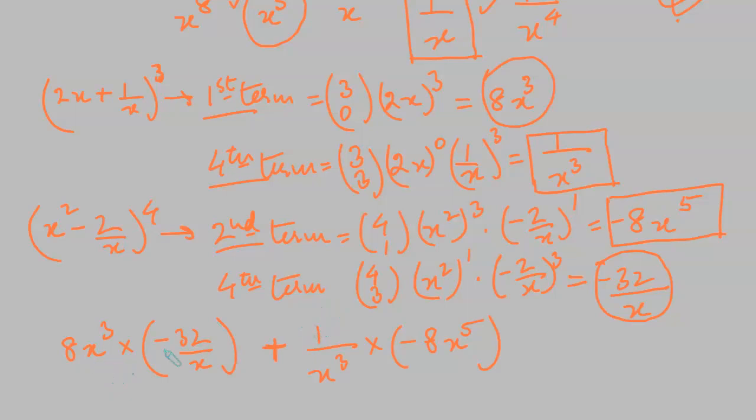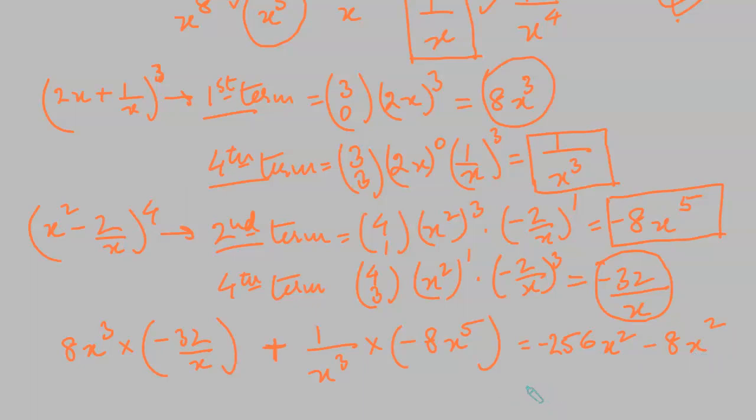So now 8 times 32. It is 8 times 2 is 16 and 8 times 3 is 24 plus 1 is 25, and there will be this negative sign in front. So it is negative 256 x to the power of 2, and this one is negative 8 x to the power of 2.